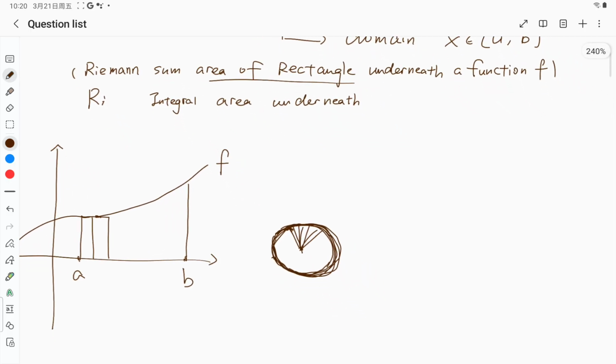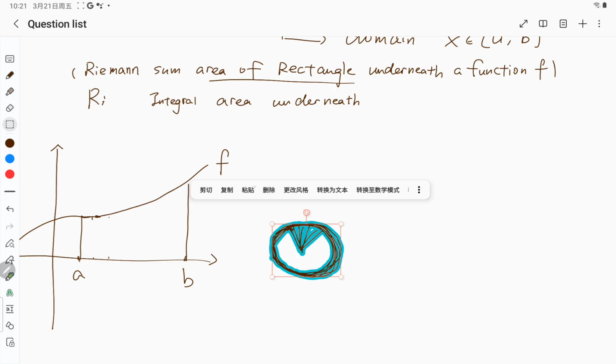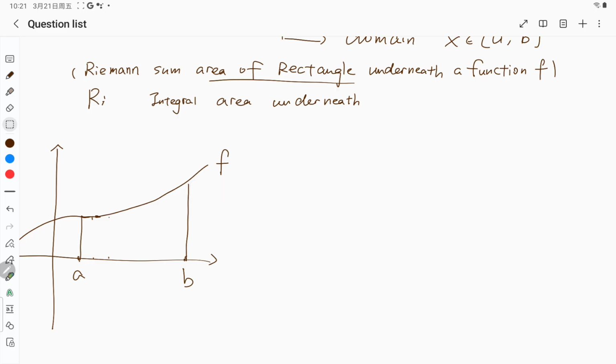But then how do we calculate? How do we sum up the rectangles? This is a process that's very important to calculate the Riemann integral. So what I'm going to say is very important.